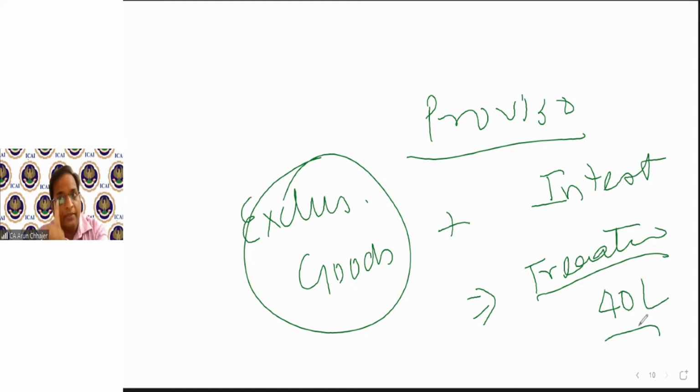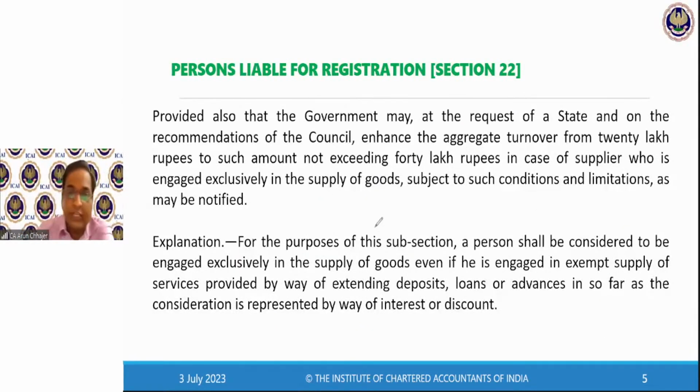This is the only one exception. What is the exception? Let's read the explanation to this proviso. A person shall be considered to be engaged exclusively in the goods, even if he is engaged in exempt supply, because interest on long-term loans or advances, other than credit card, will be exempt.